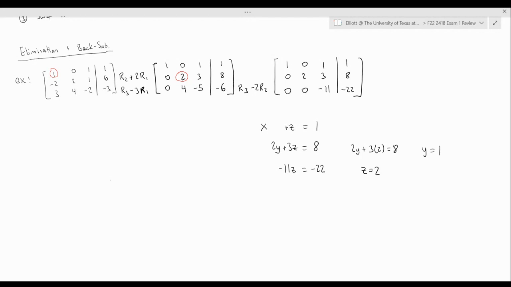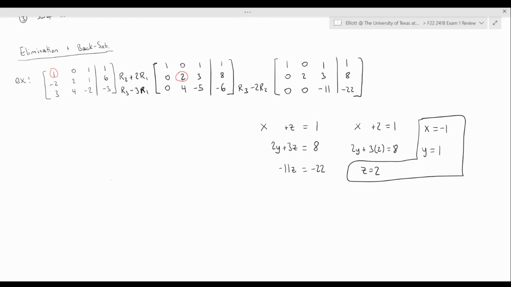Then now that we solved for y and z, we can substitute those back into the first equation now. In the first equation, there's no y, but we can plug in the 2 for z, and then we can solve for x, okay? So here you get x is -1, and this would have been the solution to our system of equations that we had, okay?